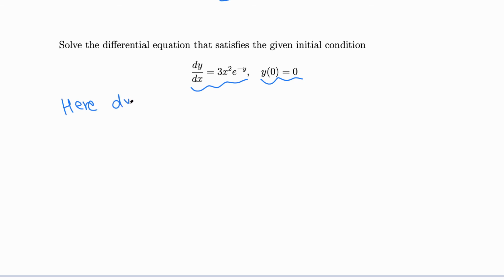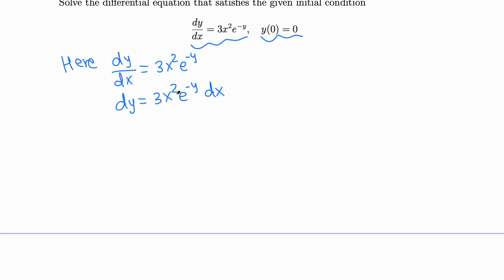Here we have dy over dx equals 3x squared e to the negative y. Now we write it in differential form, which means moving dx to the other side. Next, we need to bring this function of y to the left with dy.